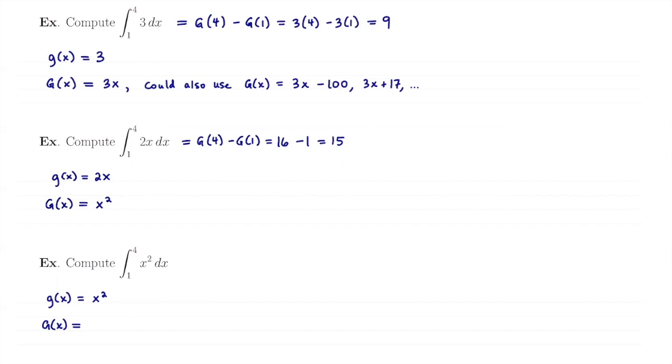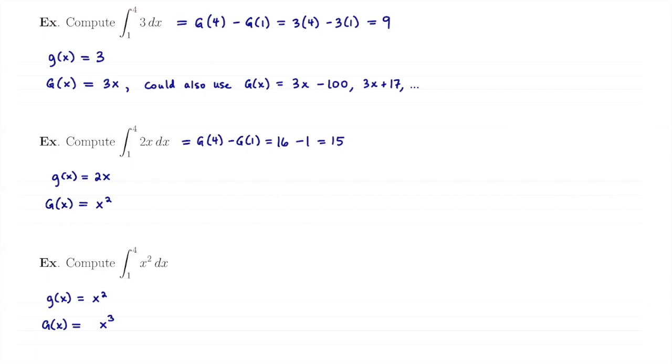Look what happened in the two examples above. We differentiate 3x to get 3. We differentiate x squared to get 2x. What would we differentiate to get x squared? It would be kind of like x cubed. But if I differentiated x cubed, the 3 would come down and I would have 3x squared.